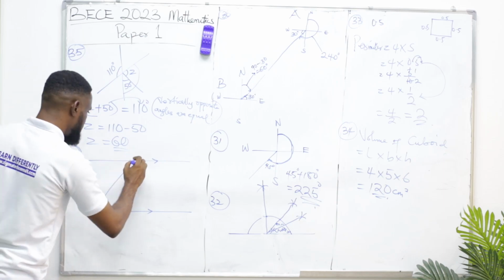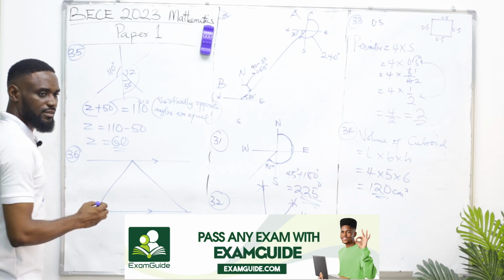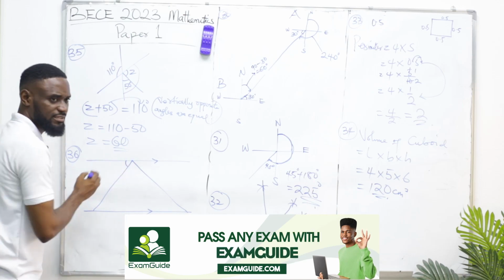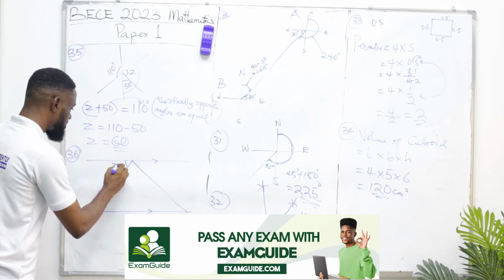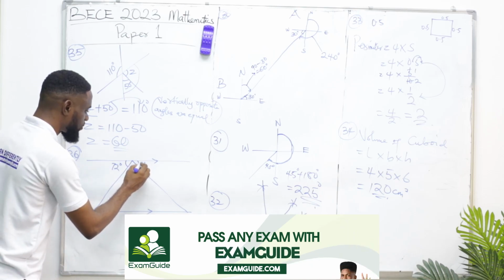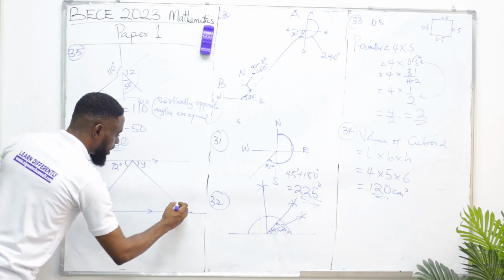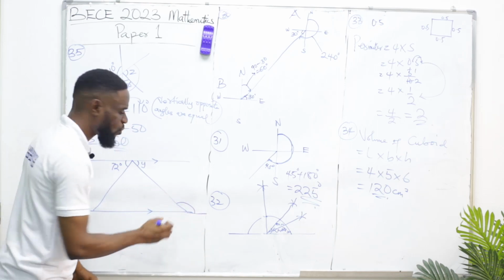Then we had something like this, right? Then we have something like this. And here we said we have 72 degrees. Here we have y. Then here, let's go here. We have all through here to be what? 147.